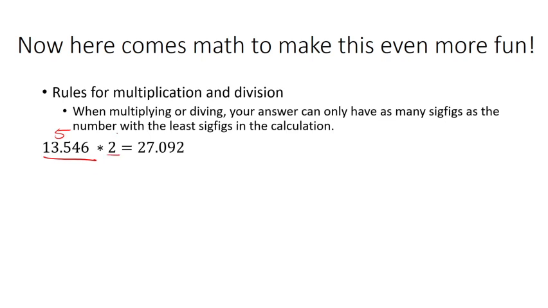Our second has 1 significant figure. So when we calculate this out, your calculator may give you an answer that's something like this. However, that answer has many more than 1 significant digit. So what we have to do is round that answer to 30. You will notice no decimal point, only 1 significant digit. That is the answer that you have to give for that problem when taking significant digits into consideration.